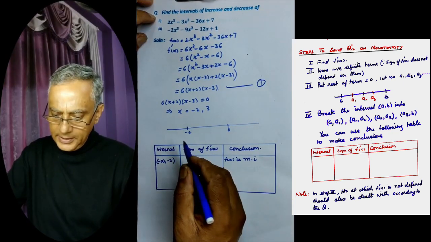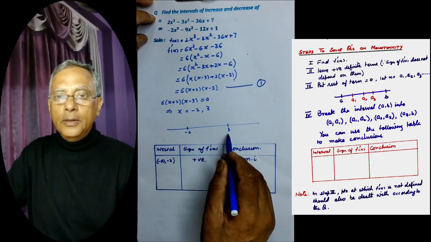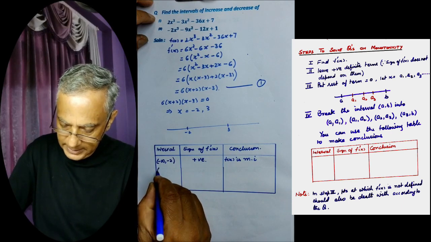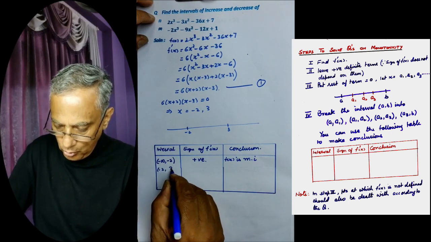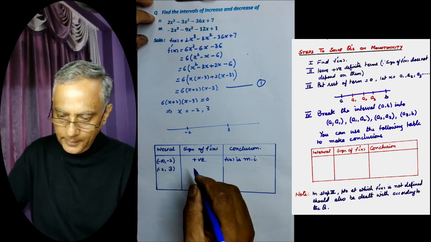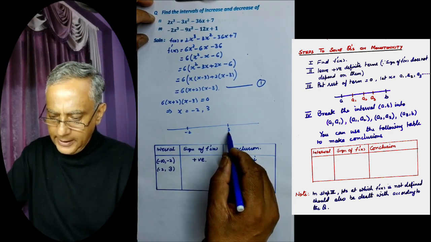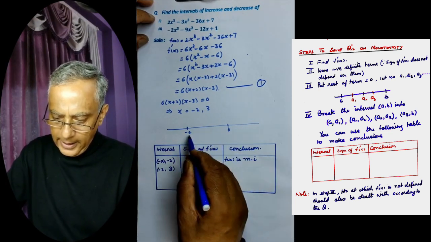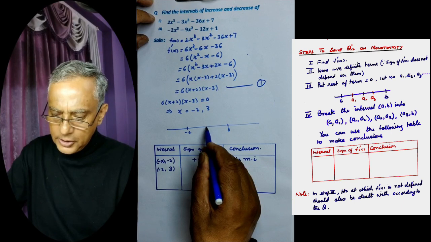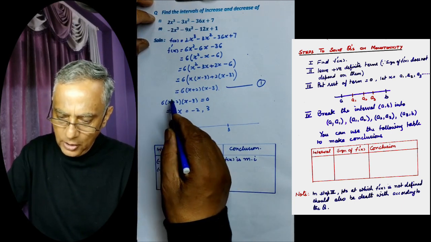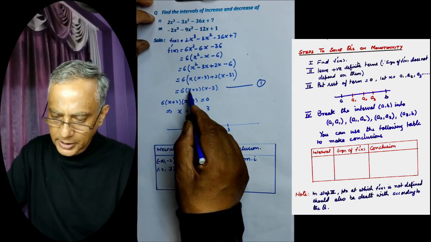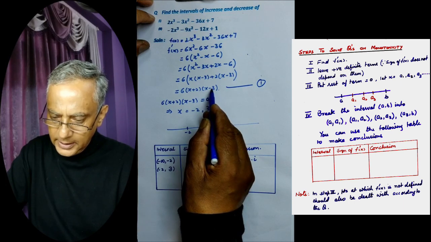The next interval is minus 2 to 3. Now in minus 2 to 3, take any point. Any point in minus 2 to 3 is 0. At 0, f dash x is, this is positive, and this will be minus 3.